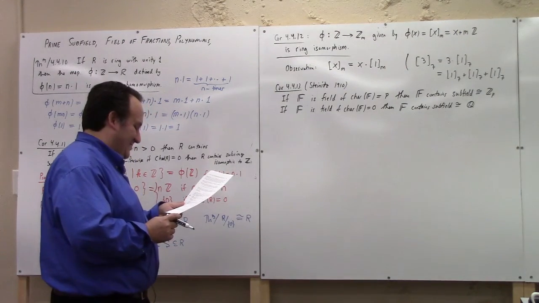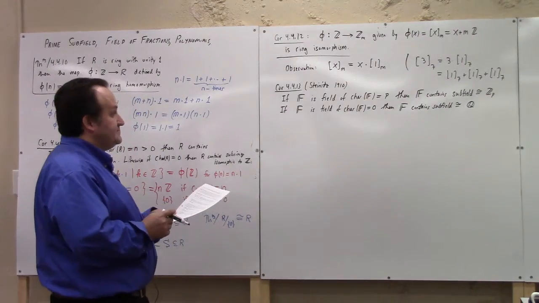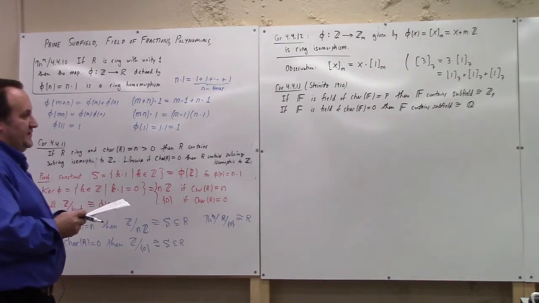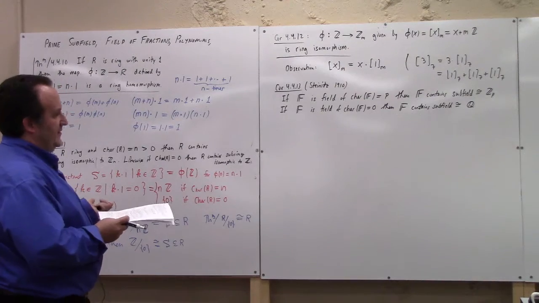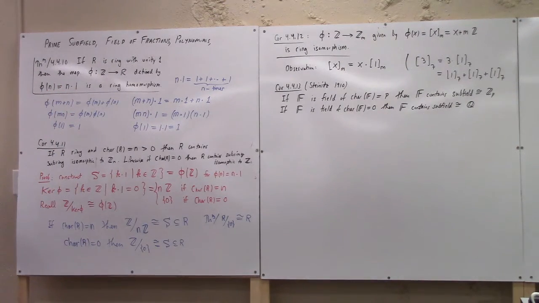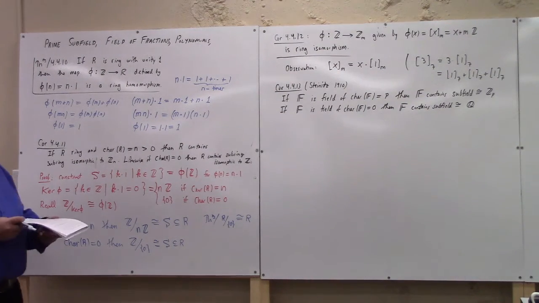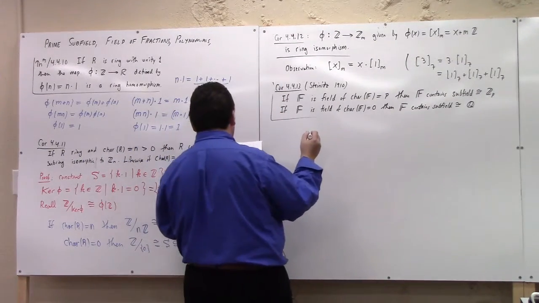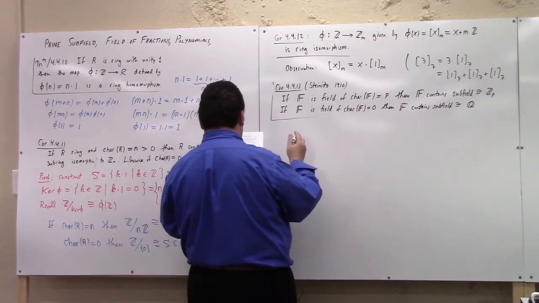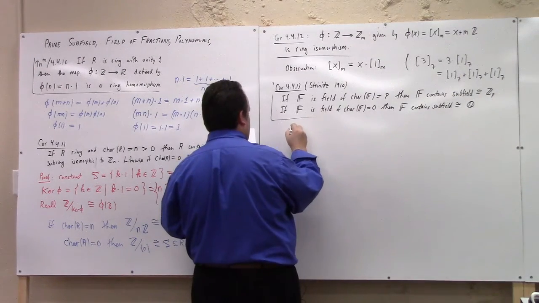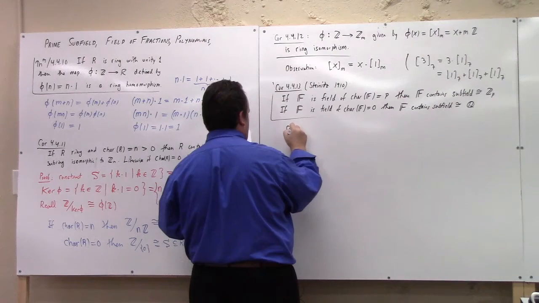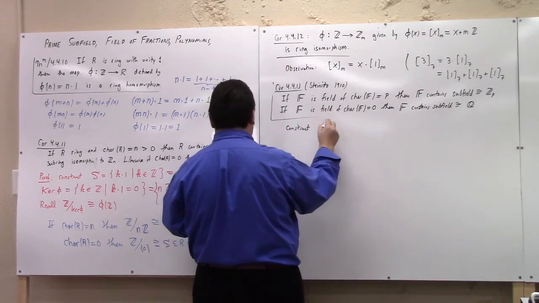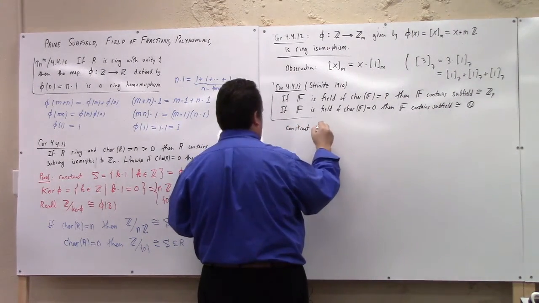Well, yeah. Okay, so this is pretty neat. If you have a field with characteristic p, that means you can construct a subfield which is like Zp. If you have a field of characteristic 0, you can construct a subfield which is like the rational numbers. And basically the construction is essentially just this, in the characteristic 0 case.